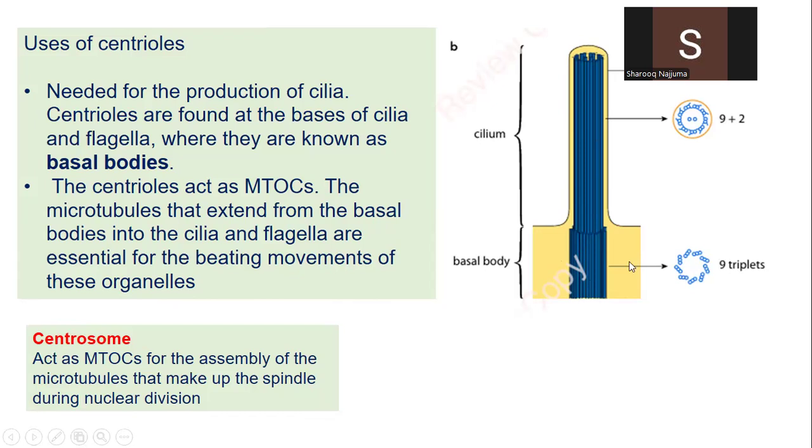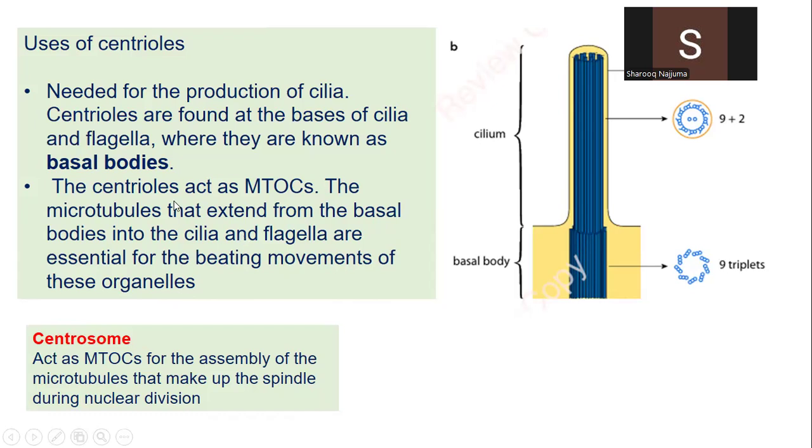At the base of a cilium is a centriole, which is called a basal body. Here they are showing you the details of this centriole. You can see the 9 triplets of microtubules, meaning this is a centriole, but it's very special, found in cilia or flagella, and it's called a basal body because it's where the cilium originates from.